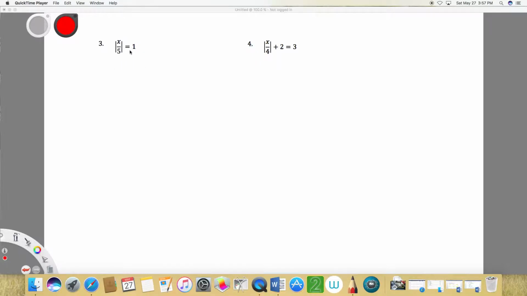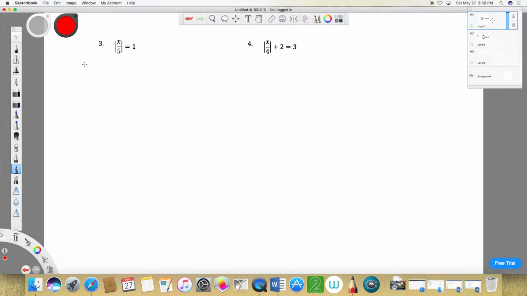So in problem number 3, this expression x divided by 5 could represent one of two values. This x divided by 5 could represent the number -1. You could be 1 unit to the left of the origin, or this expression x divided by 5 could represent the number +1.